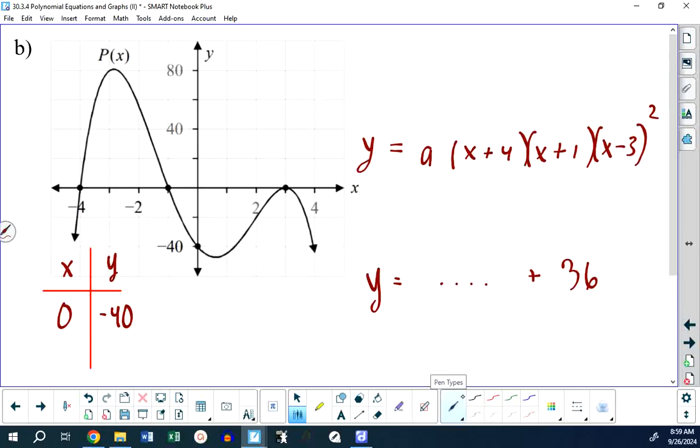So what we do instead, sometimes it is simple, don't get me wrong. If this number at the end was 20, then a is negative 2, right? But it's not often that simple. So we put in for y negative 40, and here we're going to put 0.